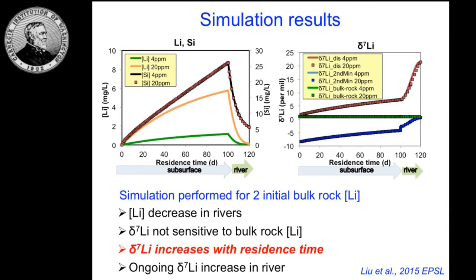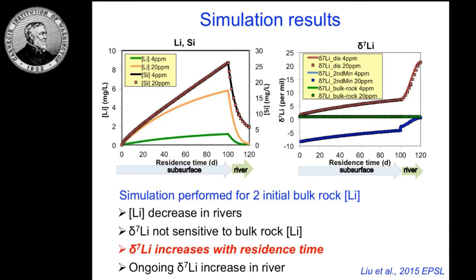If you remember my previous diagram, there is an opposite correlation between delta lithium and lithium concentration. That's exactly what we observed. And we would like to point out there is a large delta lithium increase with increasing residence time. So we would like to argue it's the residence time, the hydraulic process, that controls the lithium isotopic fractionation in the rivers. So you can have a huge range.